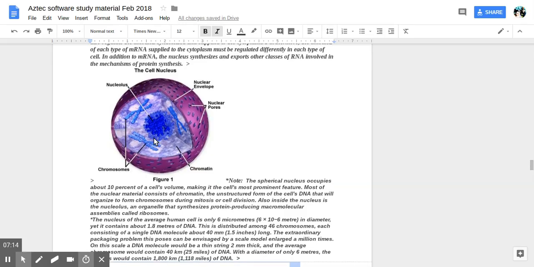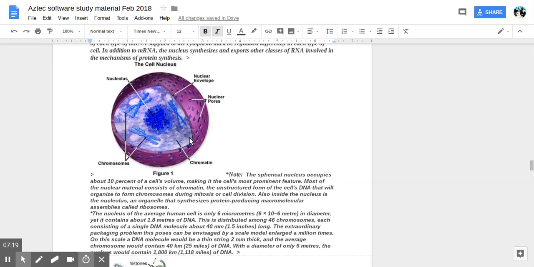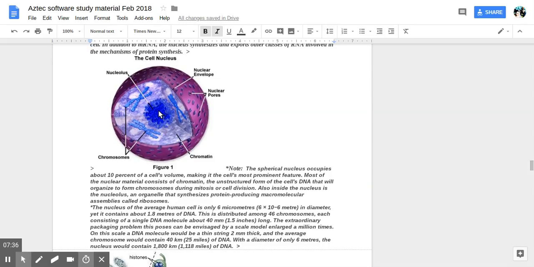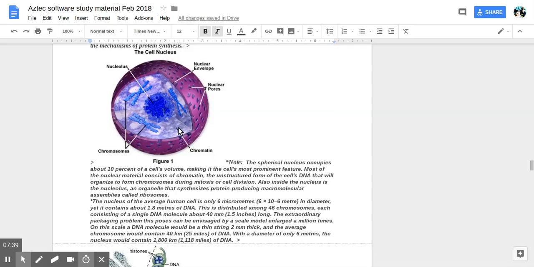And then we have a nuclear envelope and the nuclear pores, where molecules can cross through. Okay, chromatin. There are different densities of chromosome DNA or genetic material depending on which phase of the cell cycle the cell is in.